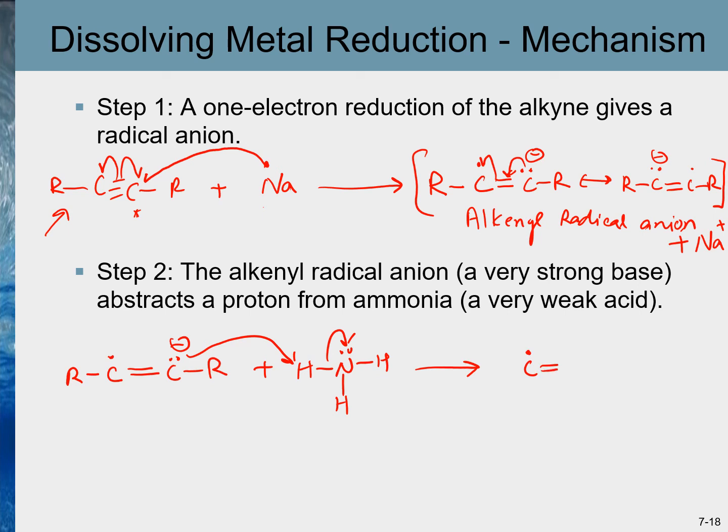So this process will result in formation of an alkynyl radical. Notice this radical has no negative charge. So neutral species with unpaired electrons are known as radicals. So therefore this is an alkynyl radical.